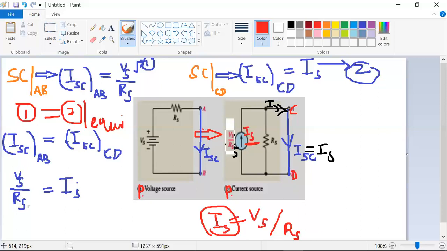For the voltage source, at the output terminals you should make an open circuit. Instead of the short circuit, you should mention open circuit, means VOC of AB and VOC of CD. Like this, you should do the derivation of that part also. Hope you are clear about this.